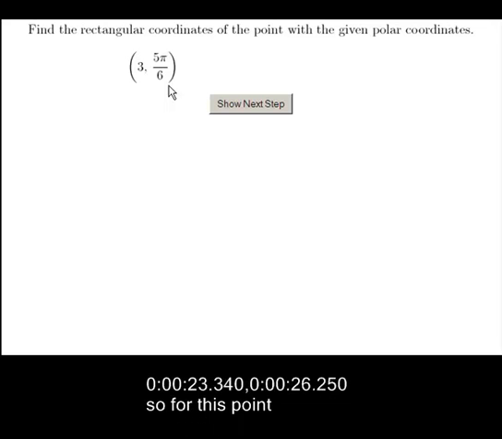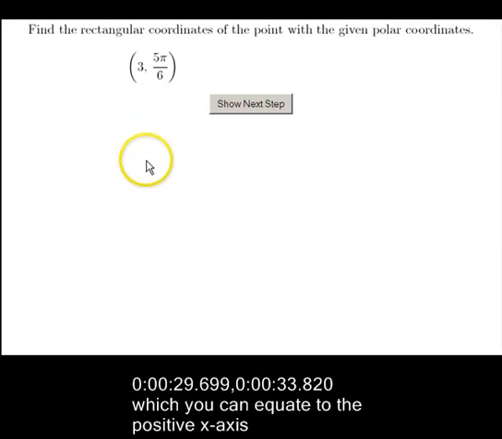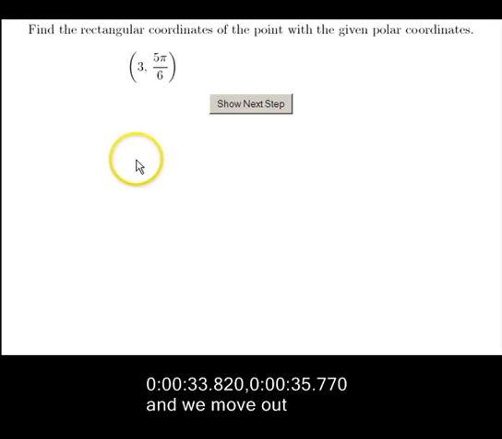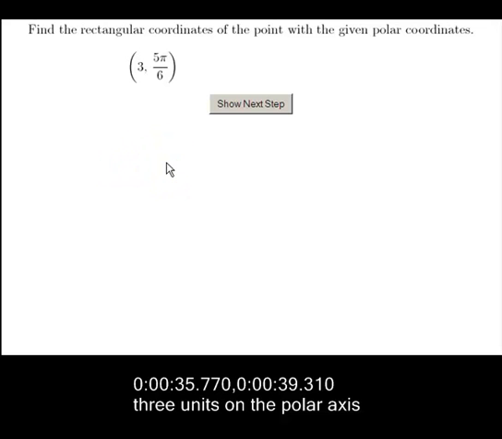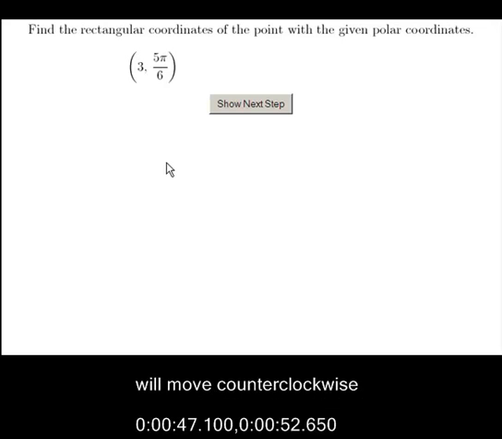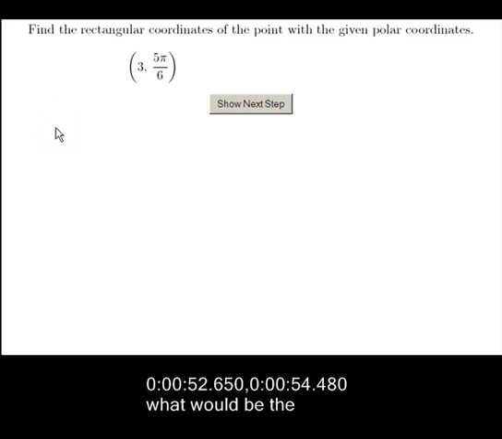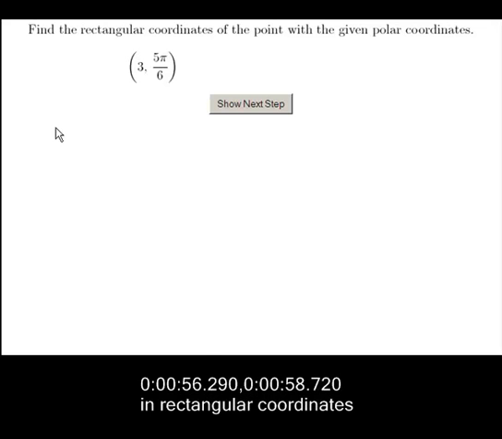So this point, if we begin with the polar axis, which you can equate to the positive x-axis, and we move out 3 units on the polar axis, and then since the angle is positive, we will move counterclockwise a measure of 5 pi over 6 radians, and what would be the second quadrant in rectangular coordinates is where this point lies.